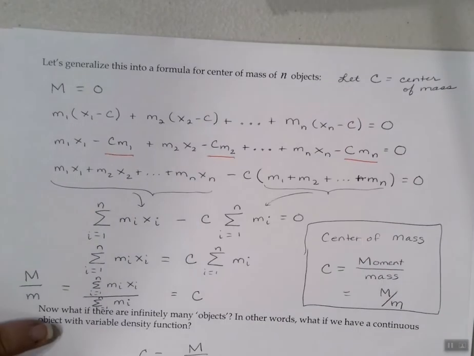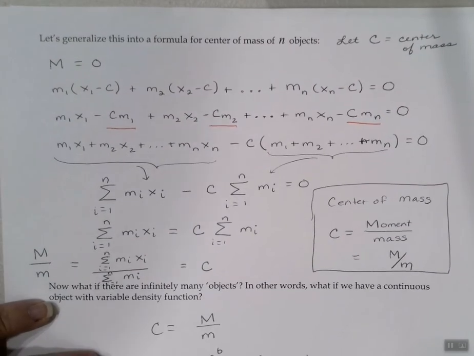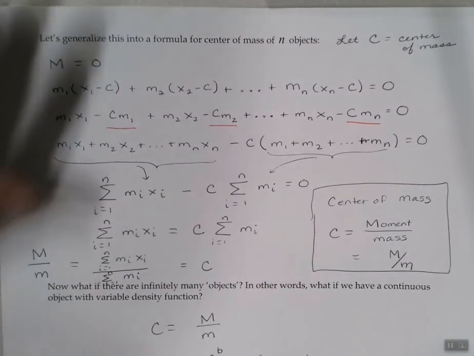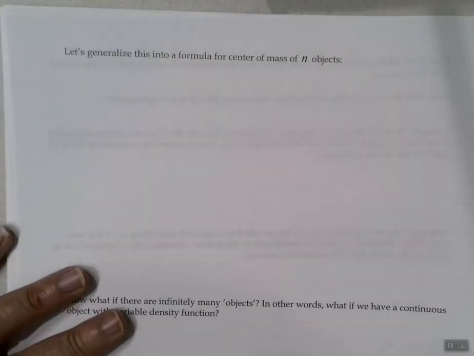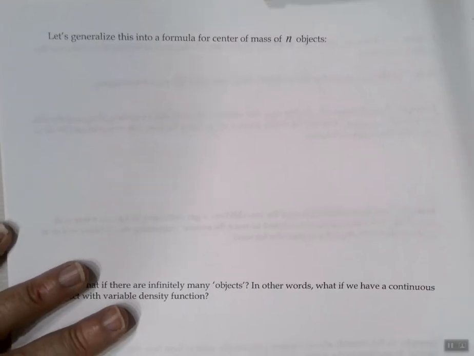So we'll start with the idea of, now what if we have n objects? All right, so I'm going to assume now that I have n objects placed along my board.